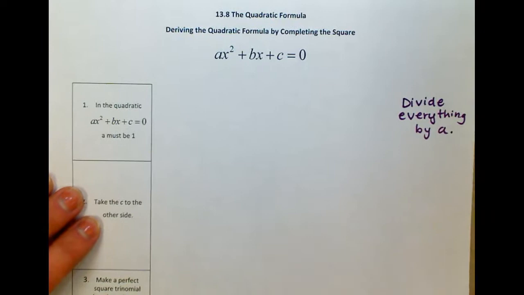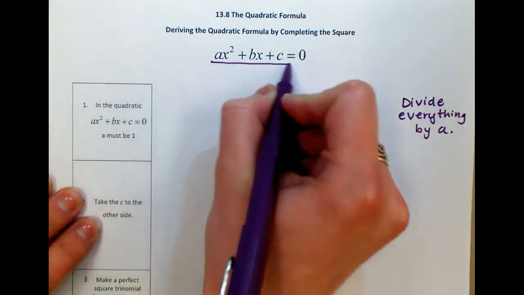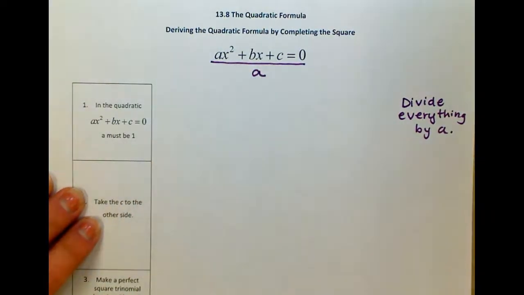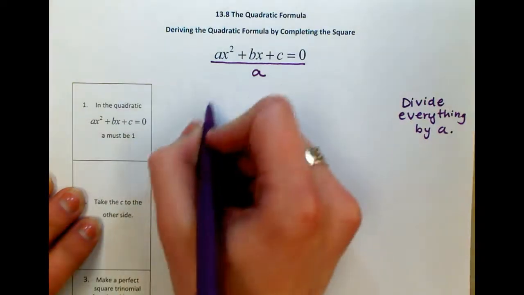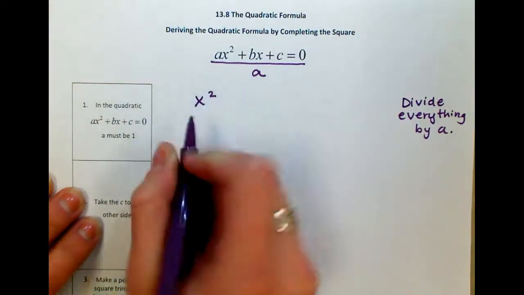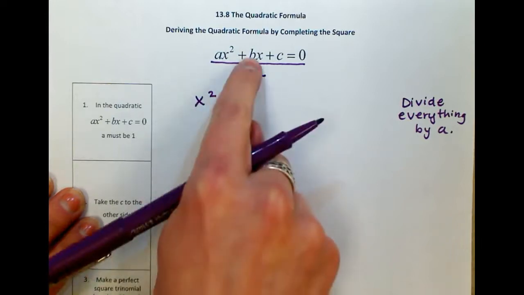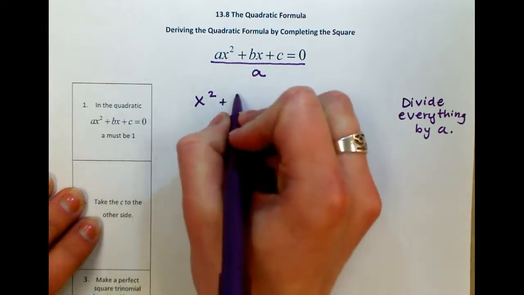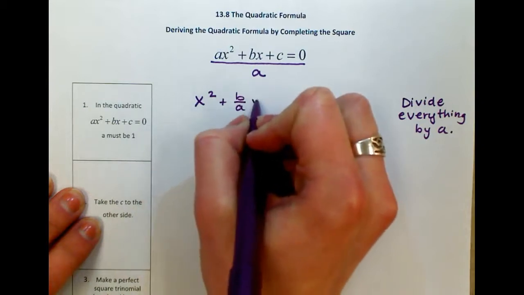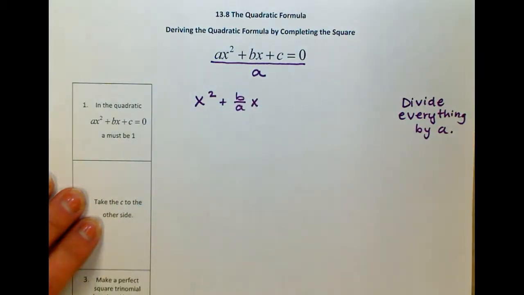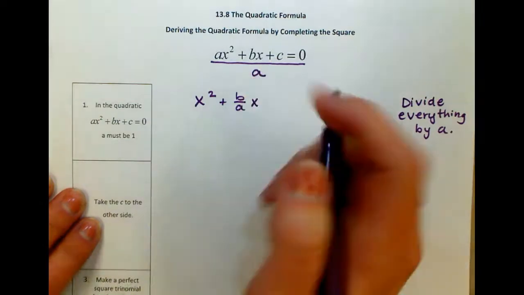So I'm going to take this equation, and divide everything by a. So my first step here, I have x squared, because a divided by a would just leave 1, b over a, that's my x term now, and my last term will be c over a.